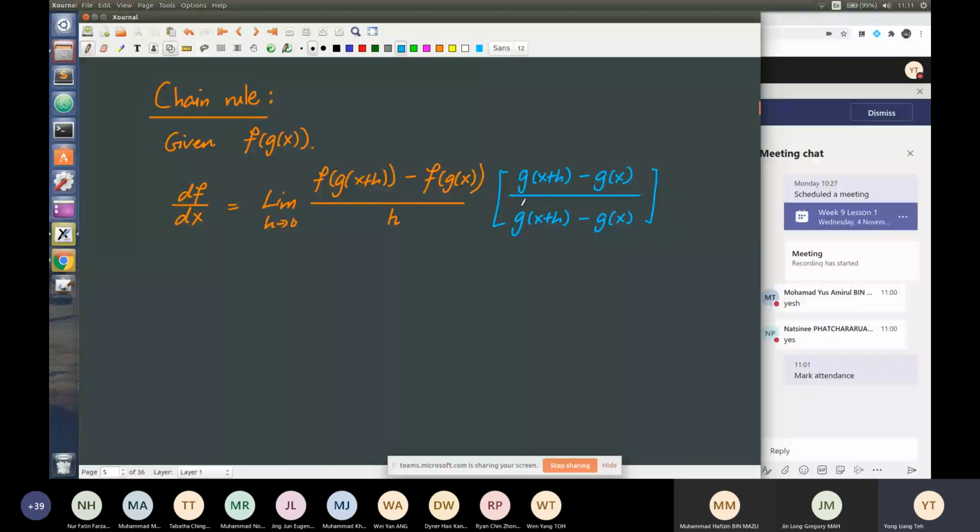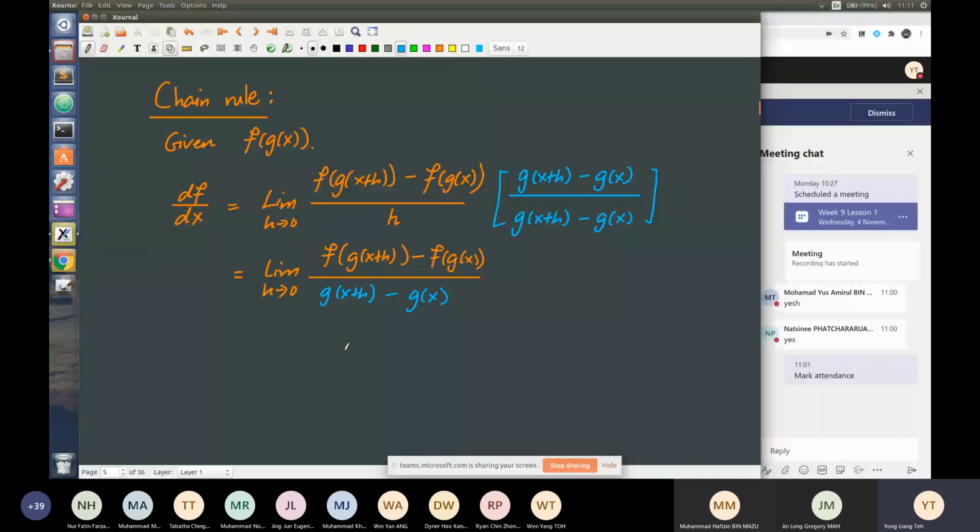However, when you write it this way, you can regroup your expression. It can be written this way, whereby the g denominator is brought to the left side.